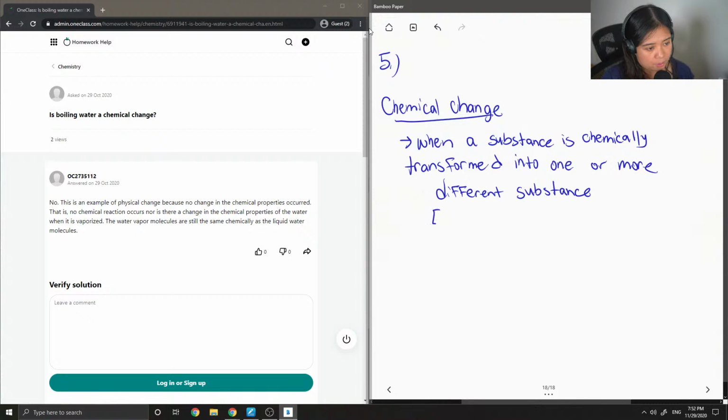So an example of a chemical change would be like iron turning to rust.